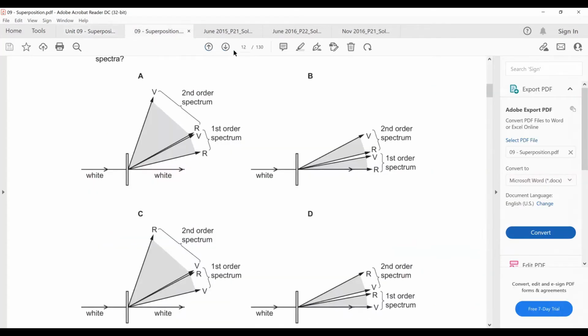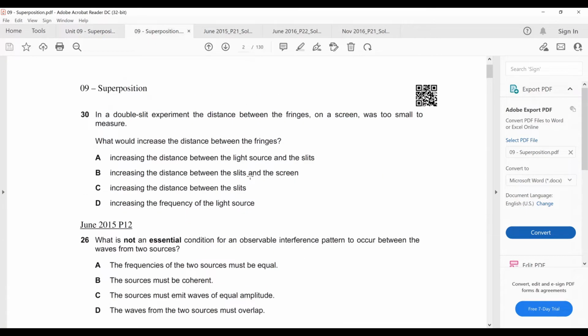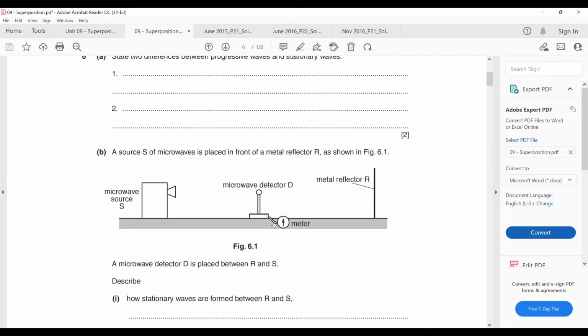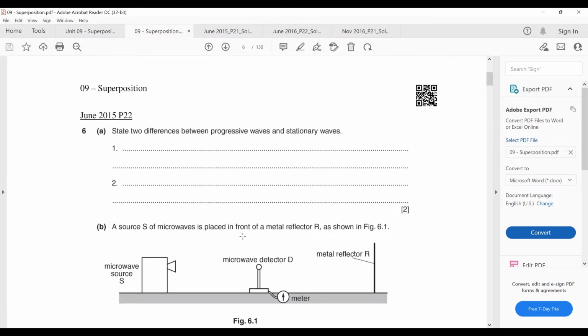Let me just see what questions are there. Maybe just one question. I don't have a question here that I can do. Okay, now we just do something simple. Just have a look at page 6.